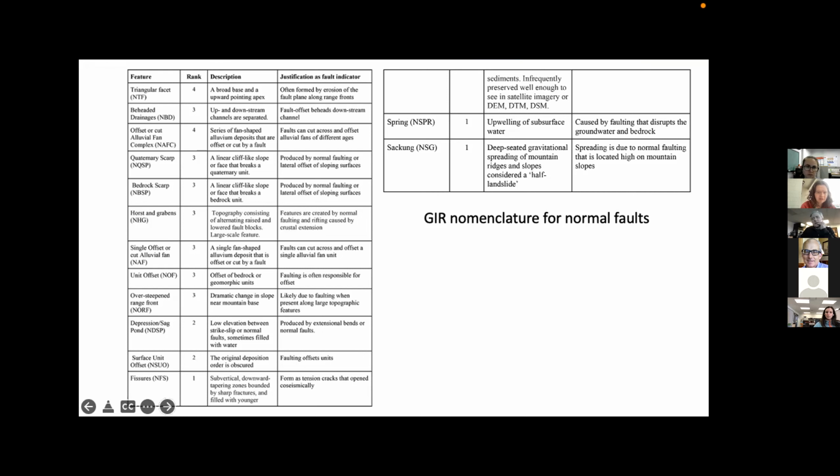Chelsea, you're muted. No, actually, could you say that question again? Sorry. Well, just mapping geomorphology outside, distant, far away from the fault using the GIR. So if we're using GIR for normal faults, how would we capture different geomorphic observations away from the fault?